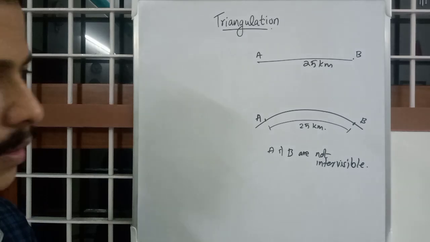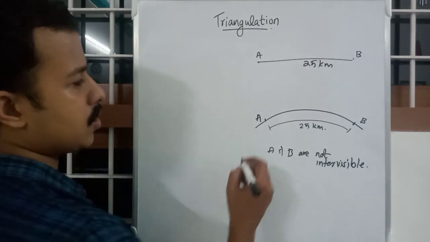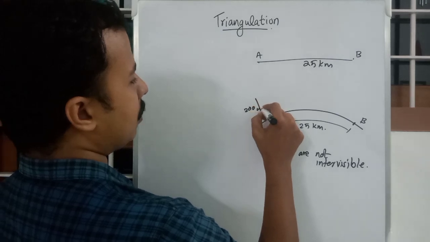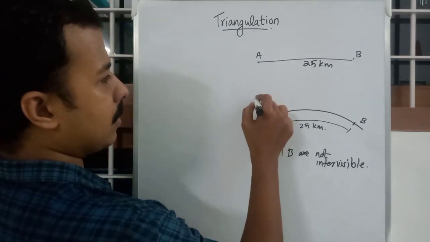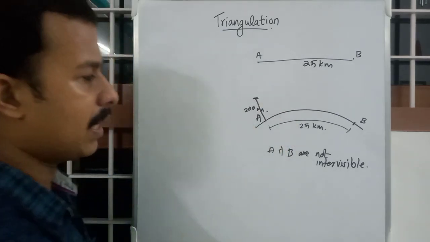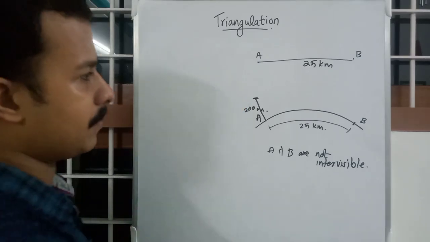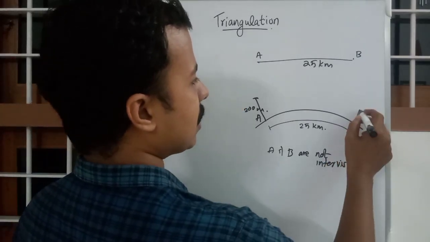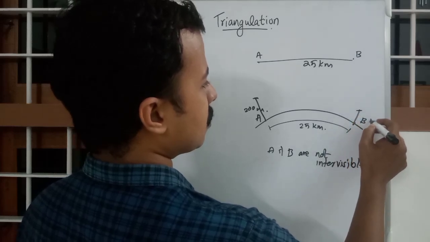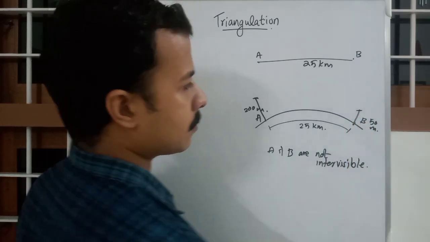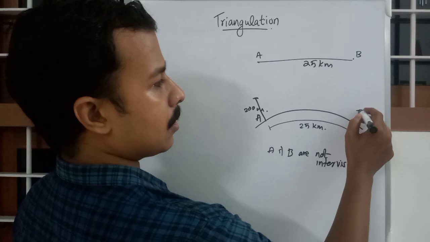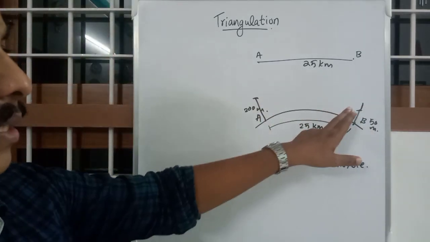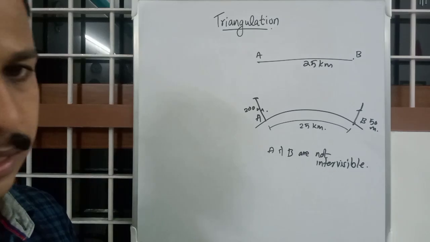But suppose A is raised by 200 meters and the instrument is placed at 200-meter height, and suppose B, the signal man, is raised by 50 meters, and the staff or whatever the signal is placed at the top of 50-meter height.